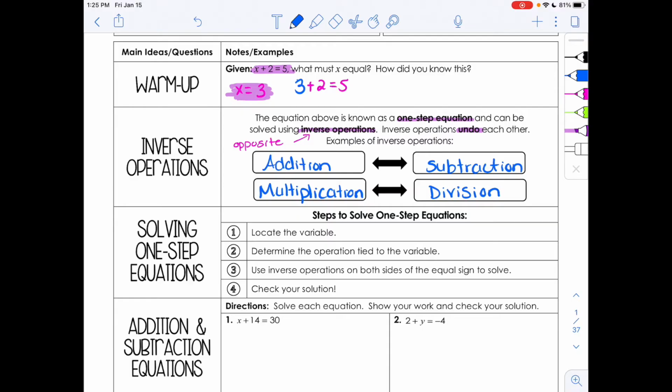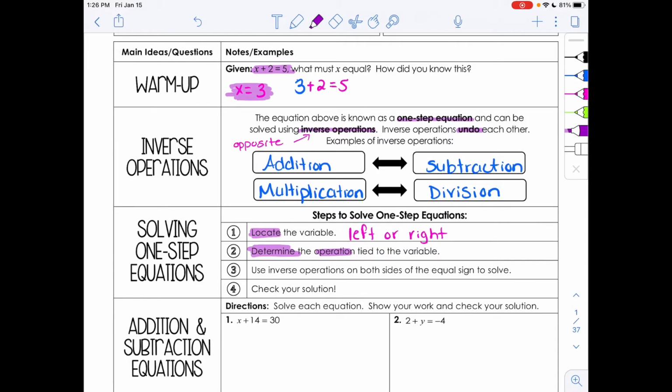So let's look at some examples of following the process of solving one-step equations. So the first thing you want to do is locate the variable. So you want to see if that variable is on the left side of your equation or the right side of your equation. Next, you want to determine the operation that is tied to the variable.